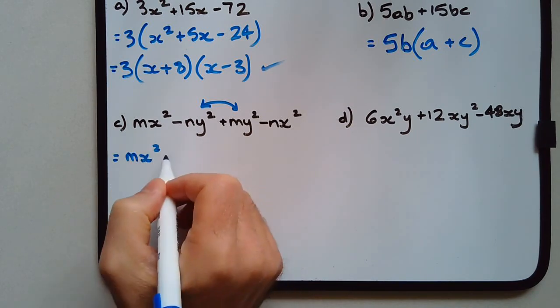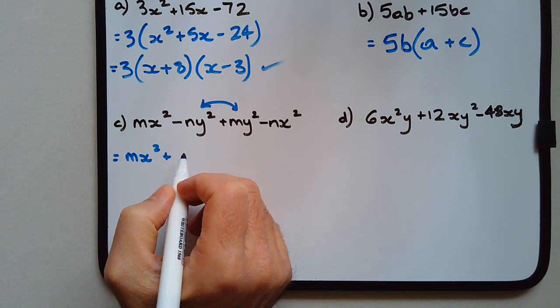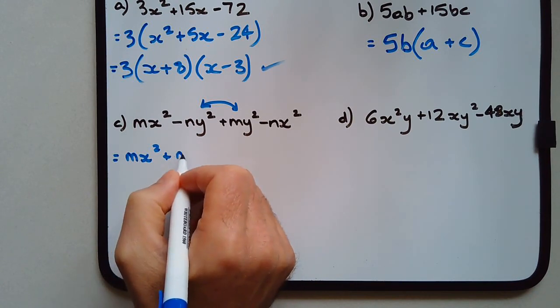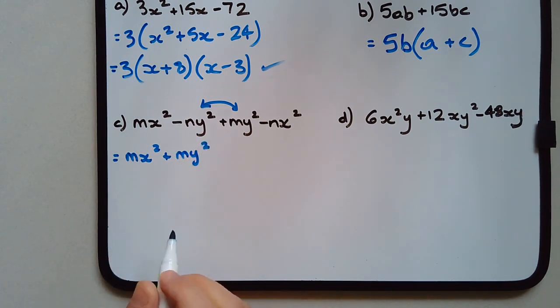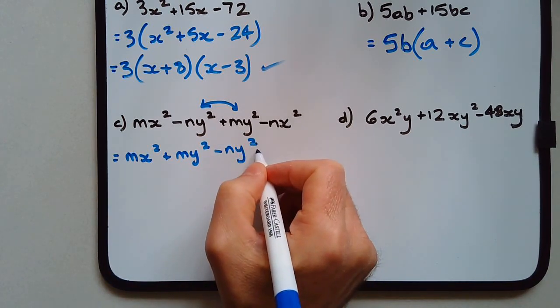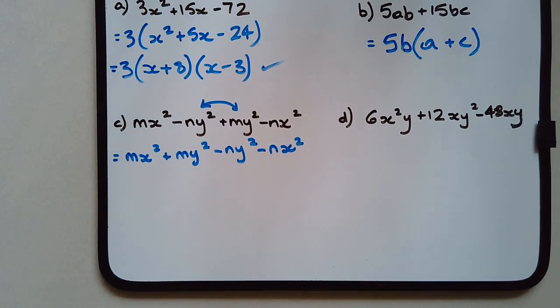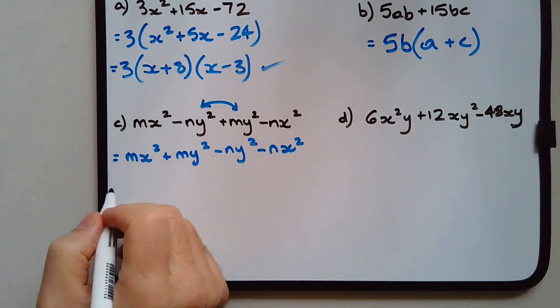So mx squared plus my squared, minus ny squared minus nx squared. Let's see if we can work this out. Sometimes you may have to give things a go maybe twice, or have 2 attempts at it to get it right, and that's fine.